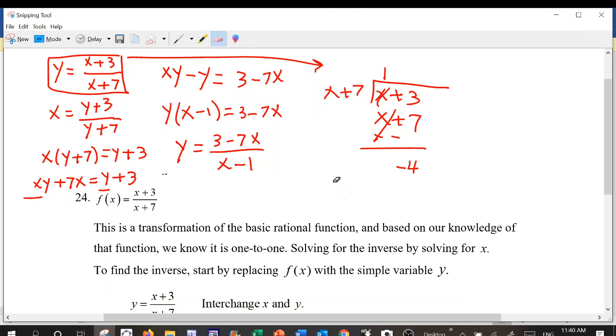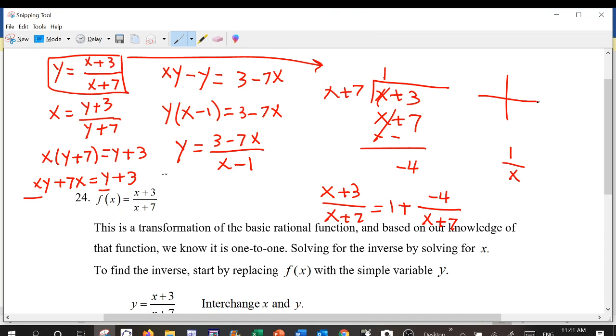So we can say that x plus 3 over x plus 7 equals 1 plus negative 4 divided by x plus 7. Now, these are 1, 2, 3 transformations of 1 over x.